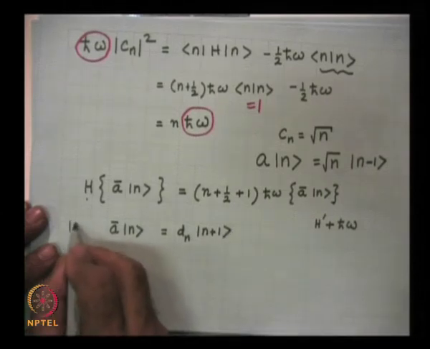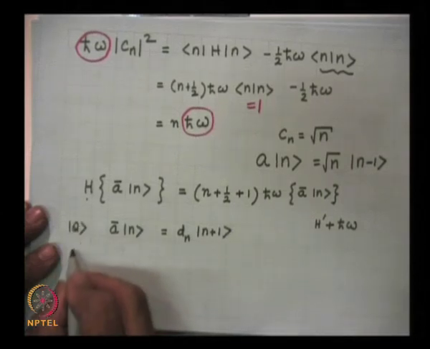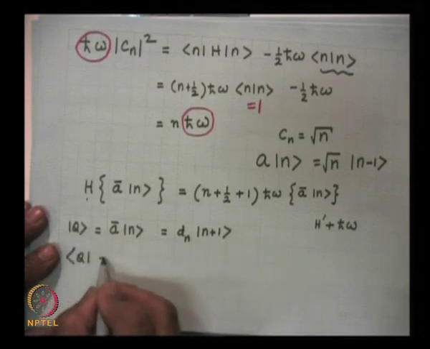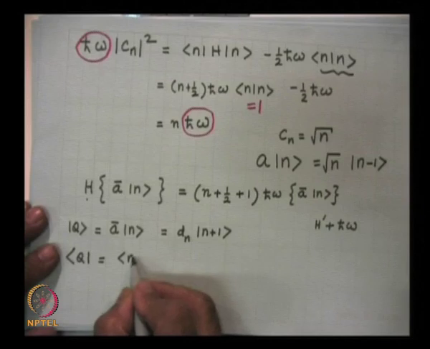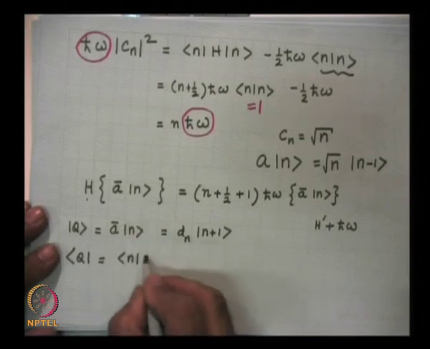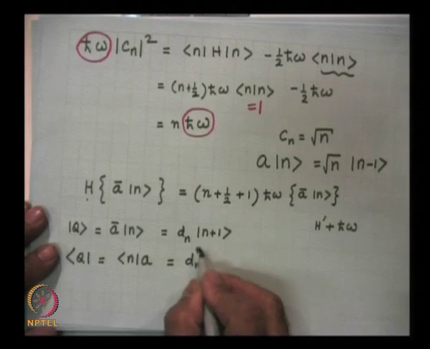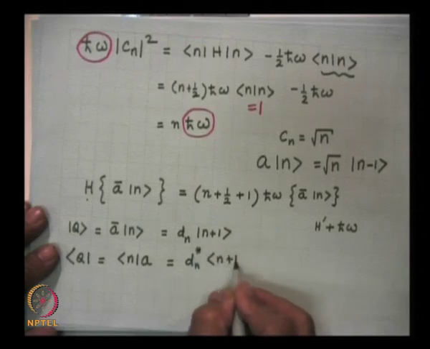So, let us suppose this is ket q, then bra q will be equal to bra n a bar bar, which is a, which is d n star bra n plus 1.